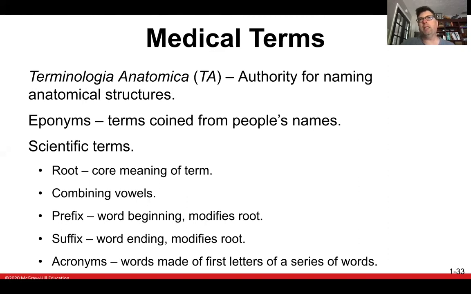The circle of Willis is a structure in the brain named after the people that discovered it. Fallopian tubes are named after someone who helped their discovery. So there is some terminology that goes along with medical terms, and it's mostly Greek and Latin, but that's what this is about. But this is not something you have to memorize. You do have to memorize the terms themselves, though.